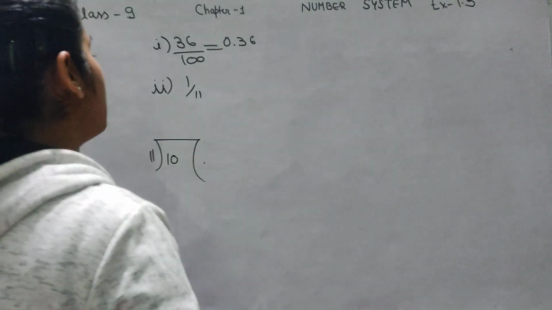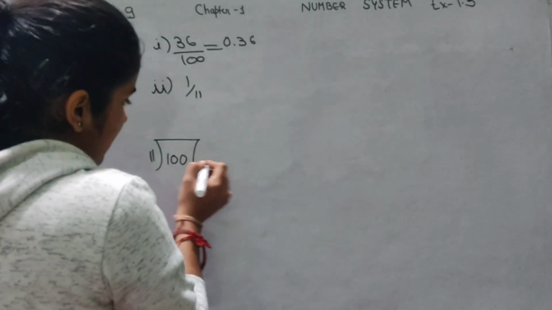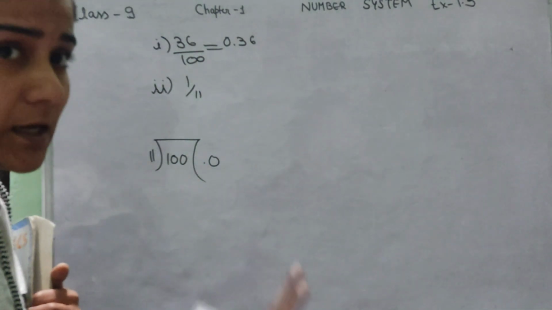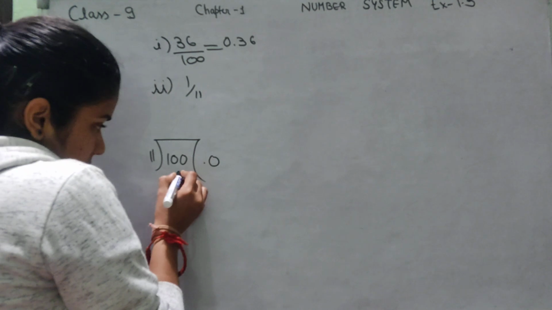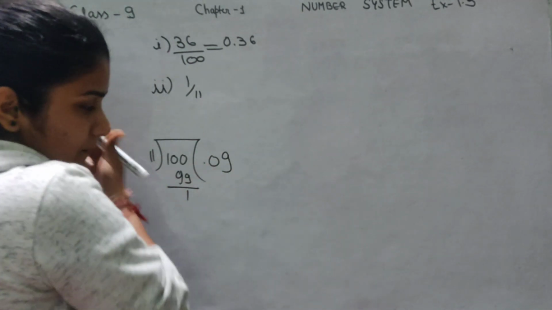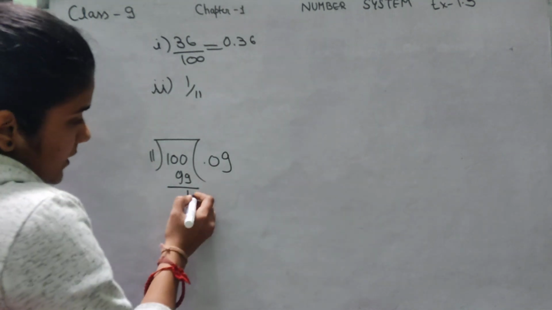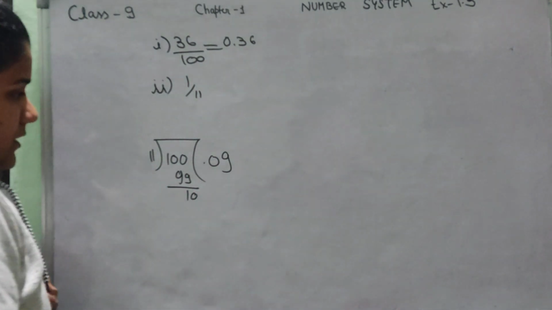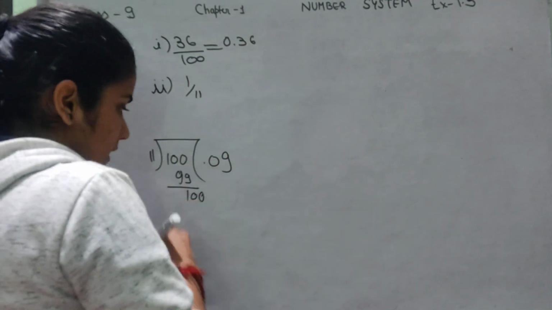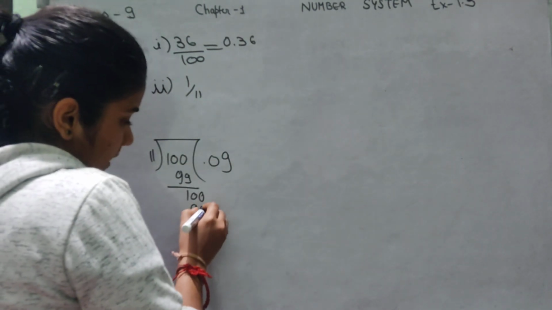Still it cannot be divided. Add one more 0 and here also 0. So this is 100. So 11 9s are 99. One remaining. 9 times, okay? And again we add 0. Then it is again not divisible. So again it is 99, okay?